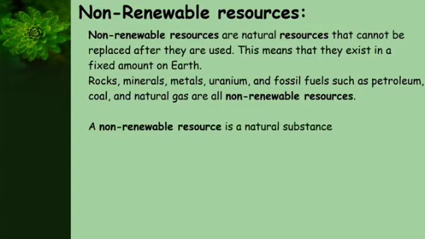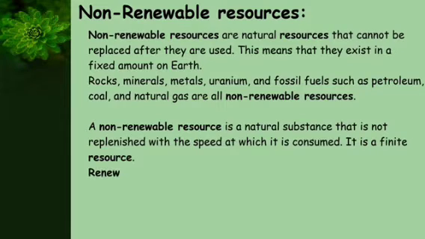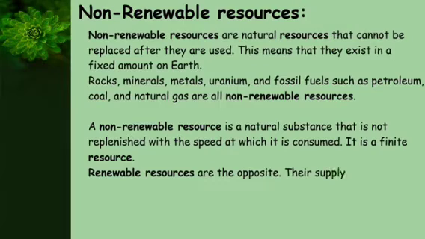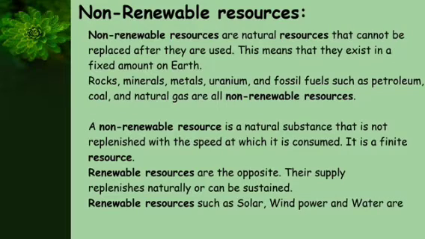A non-renewable resource is a natural substance that is not replenished with the speed at which it is consumed. It is a finite resource. Whereas renewable resources are the opposite. Their supply replenishes naturally or can be sustained.